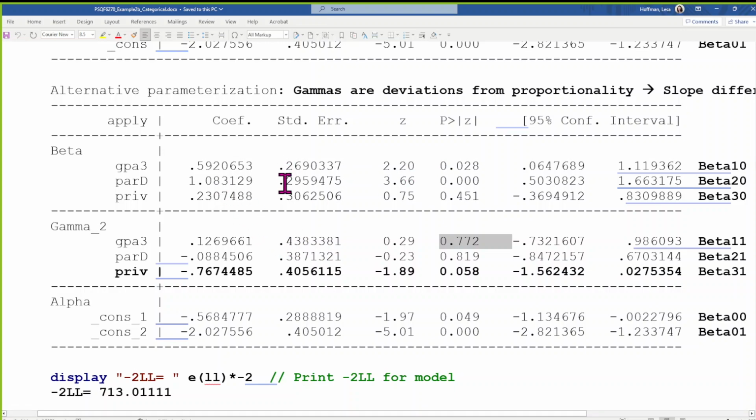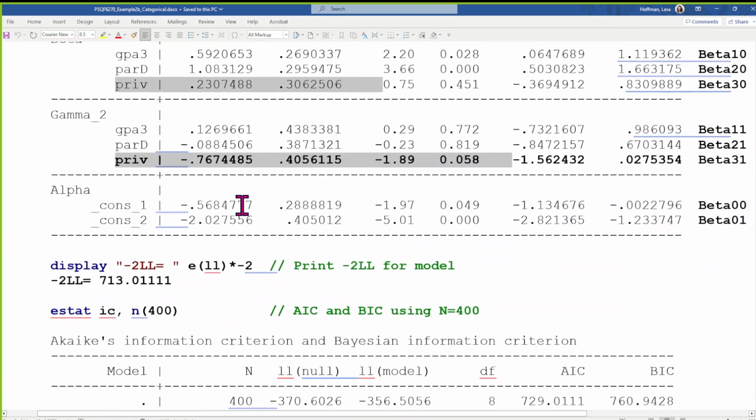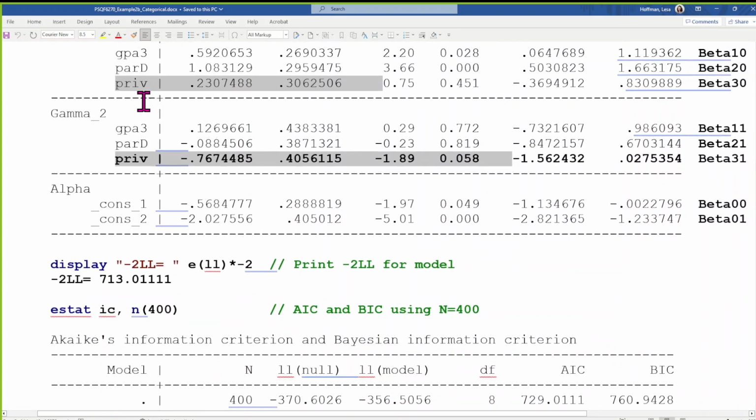The only one that looks like it might be different is for private, which is actually in an opposite direction. So there is a non-significantly positive effect of going to private school on your decision to go to graduate school of a 1 or a 2. That slope I would say is less positive, heading into negative.